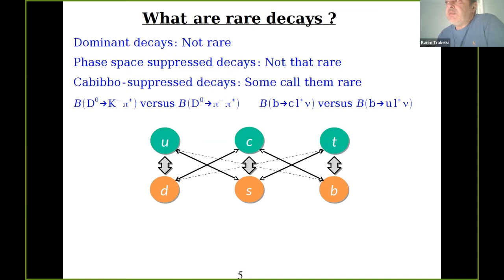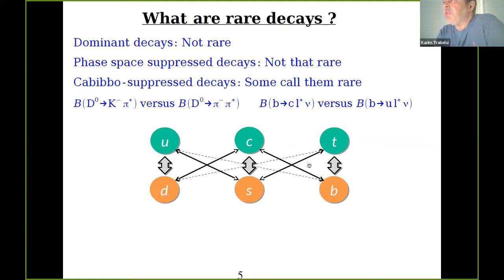The phase-space suppressed decays are not considered rare. Even the Cabibbo suppressed decays, some already call them rare, but in today's talk, the b to u transition, typically compared to the b to c transition, is of course suppressed.